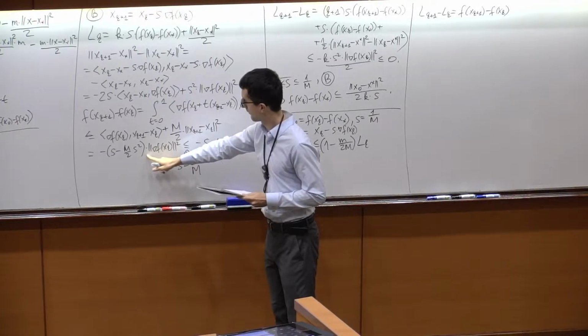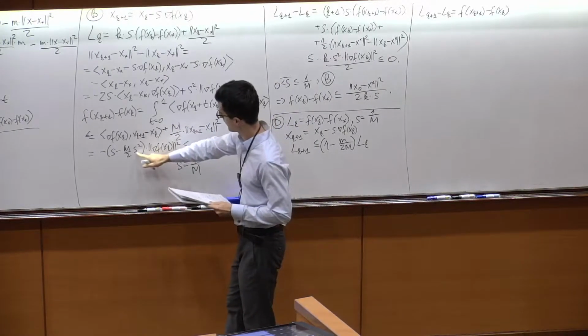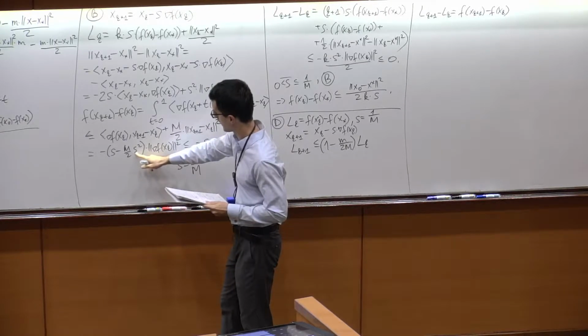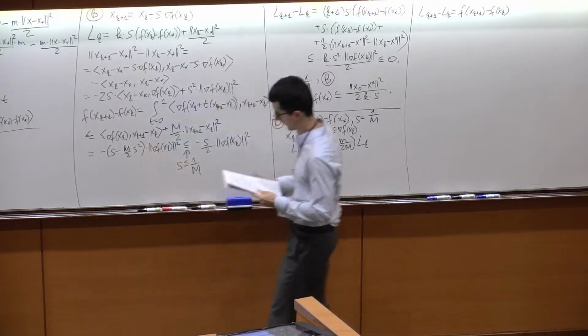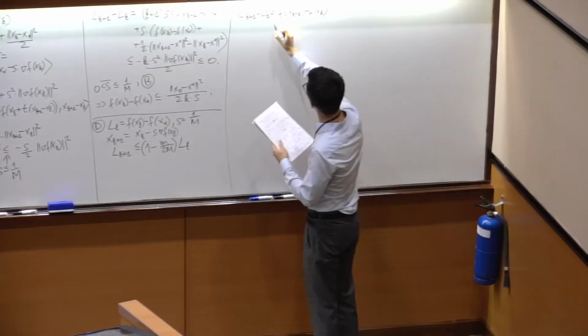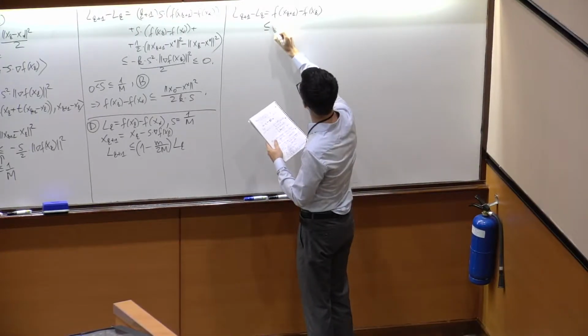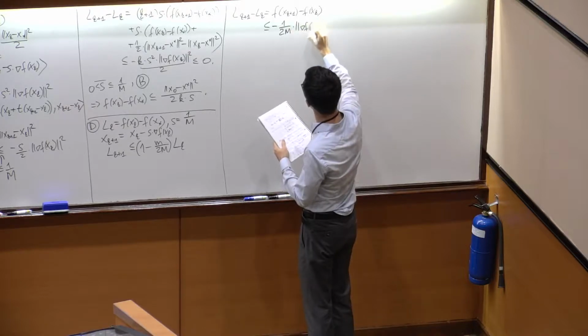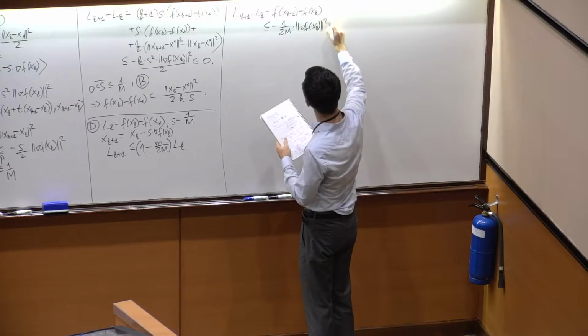When you substitute s to be 1 over capital M, then you will get that this whole thing is 1 over 2 capital M. So this is less than or equal to minus 1 over 2 capital M times gradient of f xk norm square.